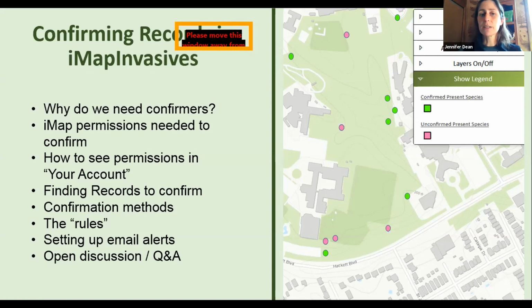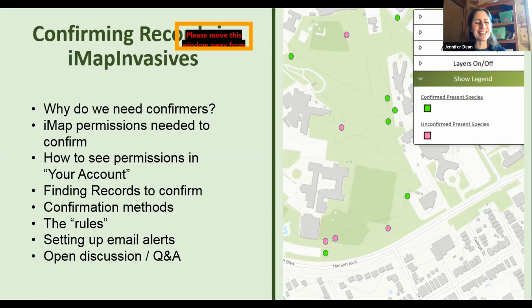We also share this information with other national databases. And so once again, it's that confirmed data that's being shared, not the unconfirmed. And this data is being used every field season for action and for regional planning by those natural resource managers. So the PRISM leaders are looking at this, the state agency experts, and so forth.